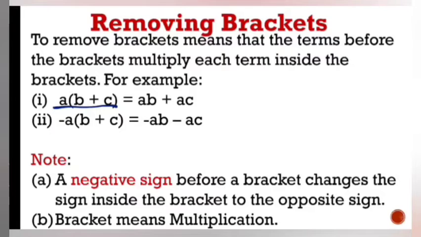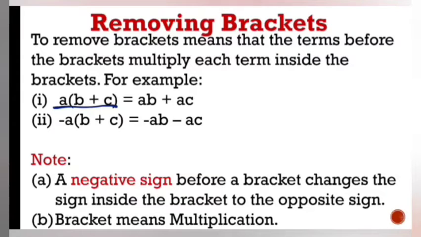Now look at another one. Example 2: minus A, open bracket, B plus C. Now the minus sign outside the bracket, when it multiplies each term inside the bracket, changes all the signs inside the bracket.